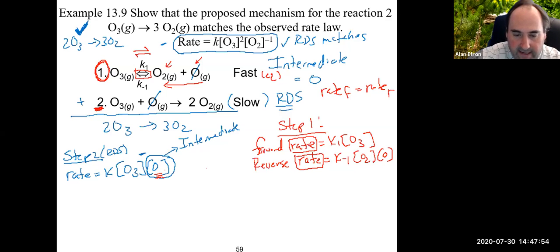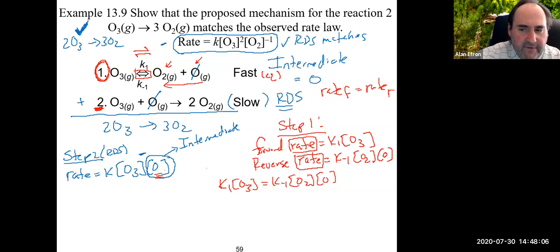If we do that, that would give us K1 times O3 equals K to the minus 1, O2, and O. The reason why that is beneficial is we now can divide both sides by K to the minus 1, which gives us O2. And these guys are going to cancel.